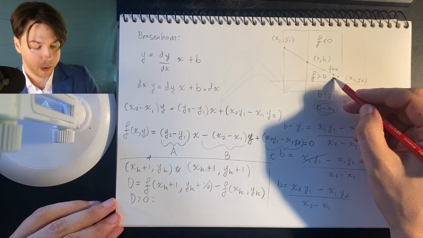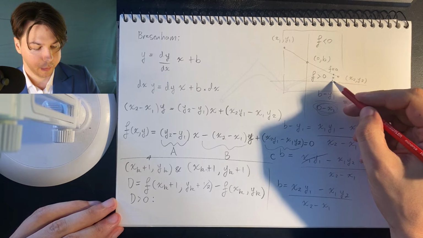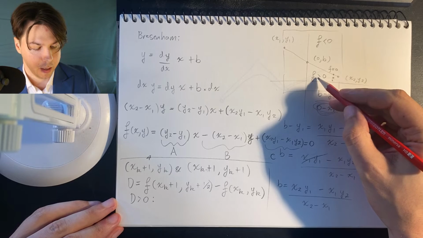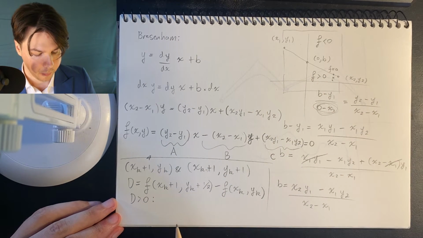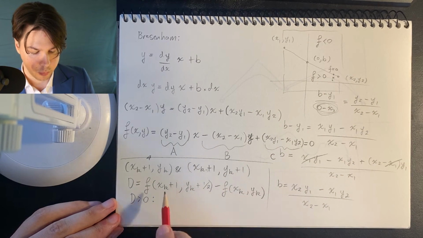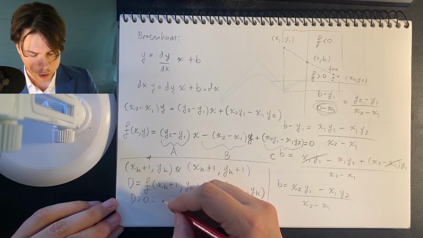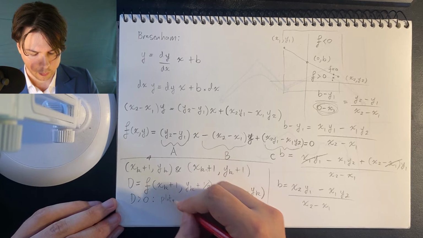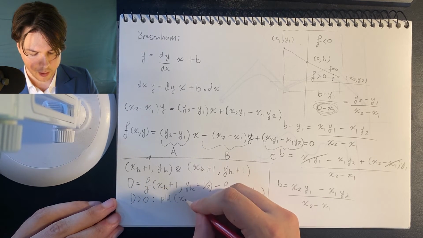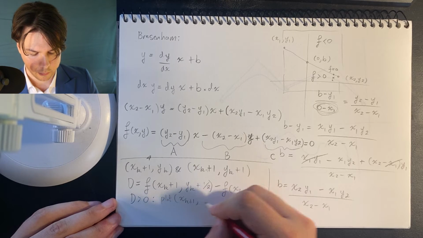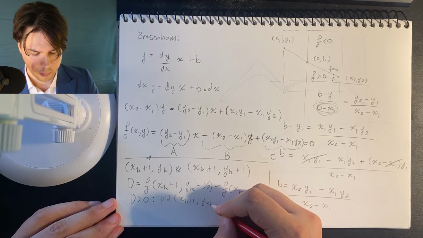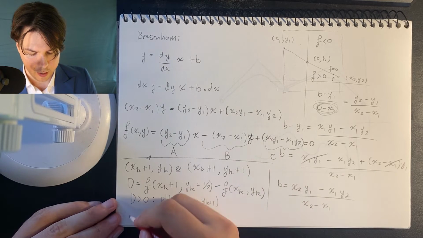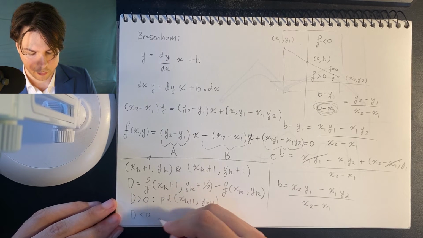So let's say our midpoint between these 2 points is down here. Well, then f would be bigger than 0, and then this whole expression would be bigger than 0, in which case we would plot the point above. So we'd plot xk plus 1, yk plus 1.